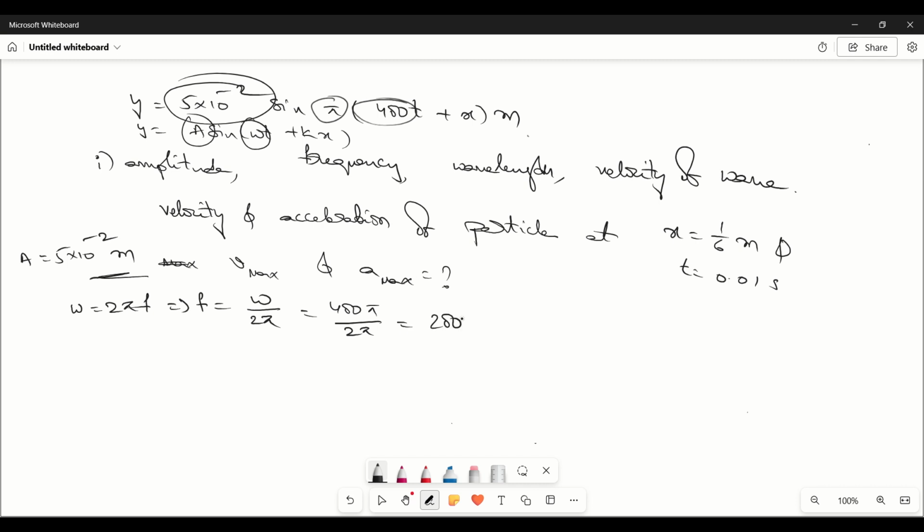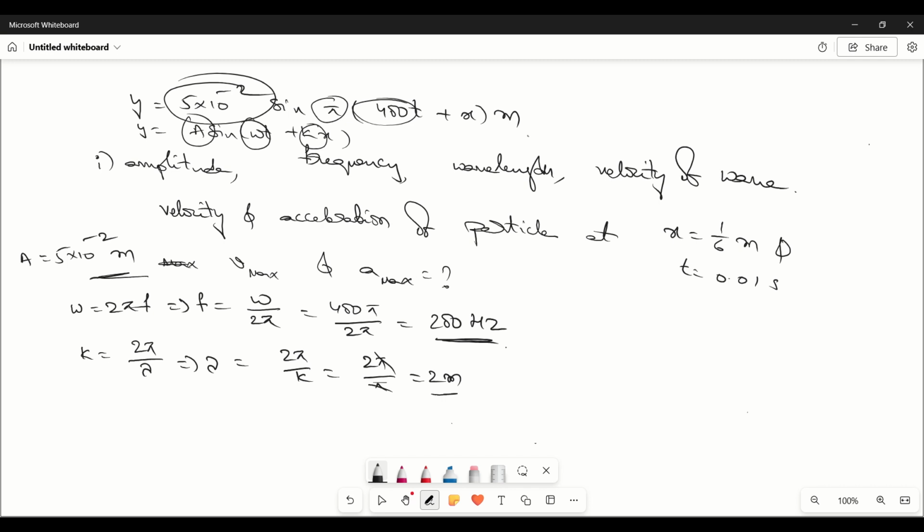Wavelength is 2 meters. Now we have to represent the wave velocity, where we know that v equal to lambda f. Value of lambda is 2 and f is 200. So we get 400 meter per second as the wave velocity.